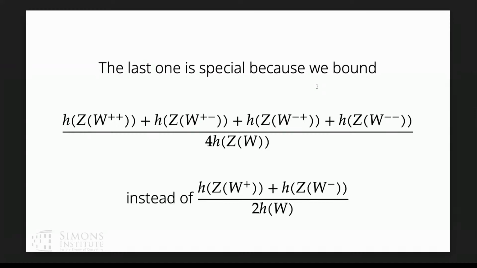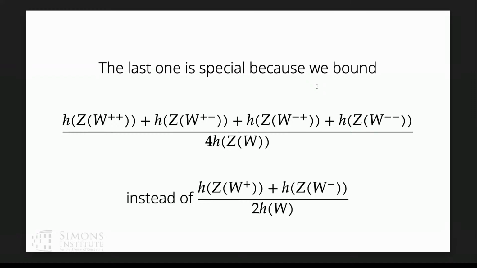But the reality is that not all channels, not all z's, will attain the supremum of this function, because remember there's an interval in this argument. So not all channels will attain the supremum of this quotient, which means that if we consider the two-step quotient, there's going to be a mismatch, and then we can get a lower bound.